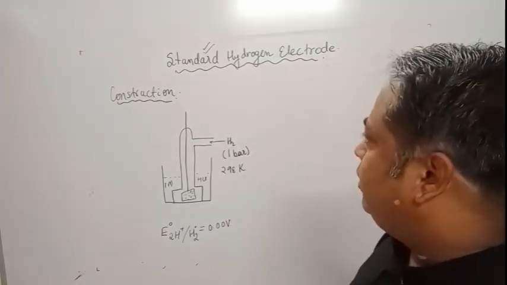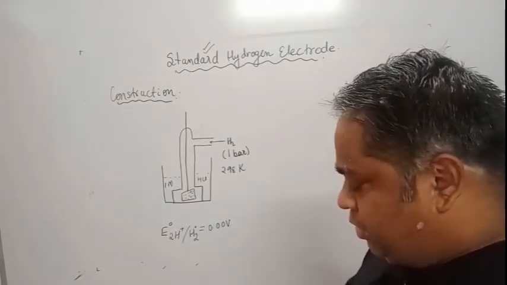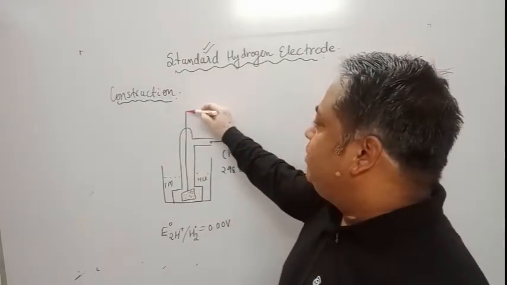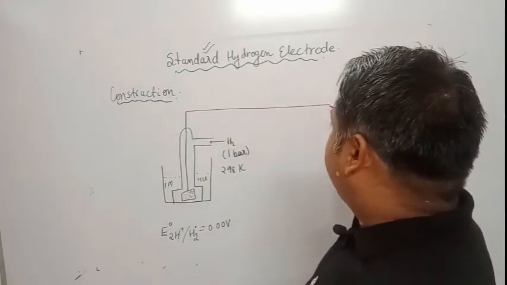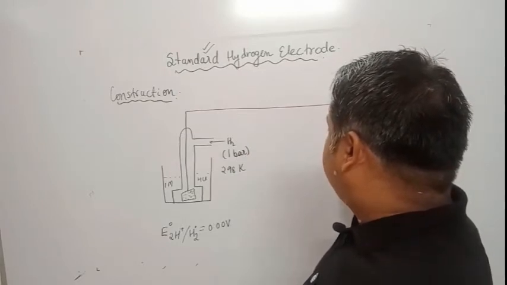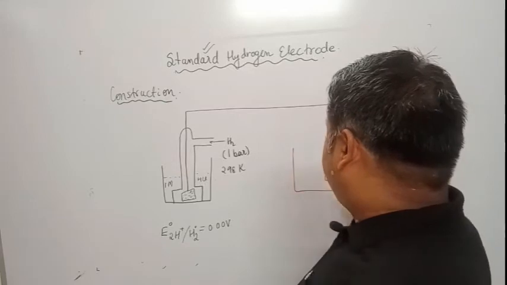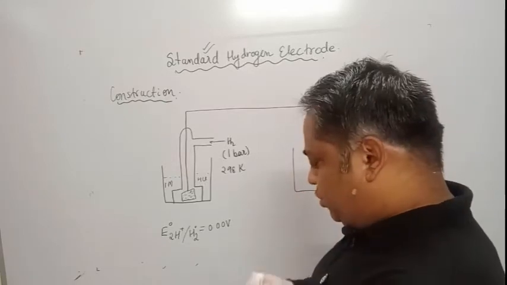Now if we need to find out the electrode potential of copper electrode, we can simply connect it with a copper electrode dipped in copper sulfate solution.